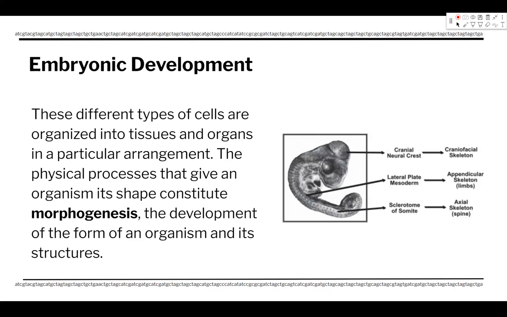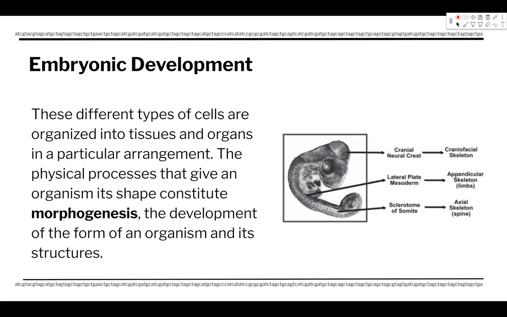So we've got brain, spine, digestive system, those big structures, limbs, etc. And what morphogenesis relies on is how these cells are organized. There are a couple different physical things that can influence how these cells know which genes to express and then what type of cell to become.